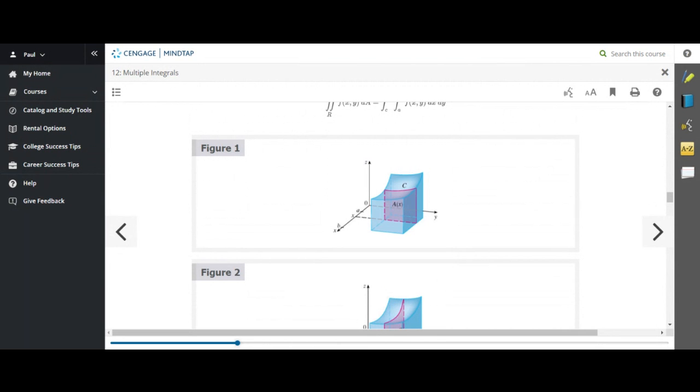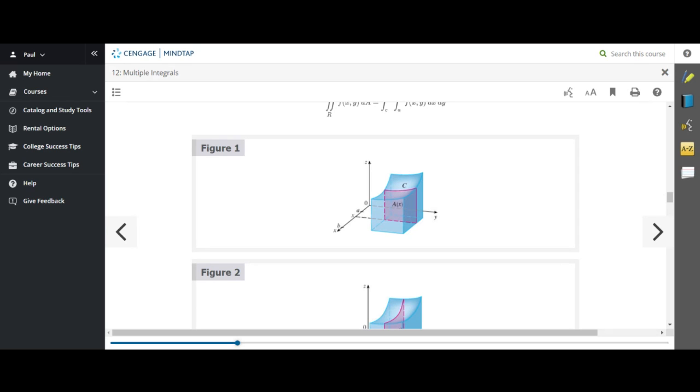In figure one, for some value of x on the x-axis, if you were to cut the surface along that plane, do you agree that for different values of x the cross-sectional area underneath the surface will differ?